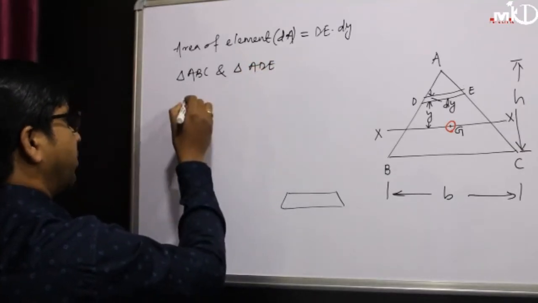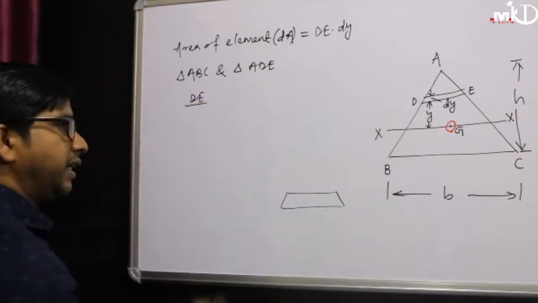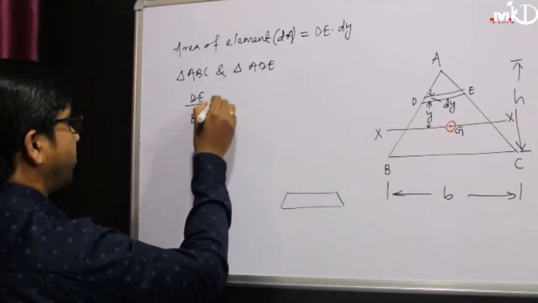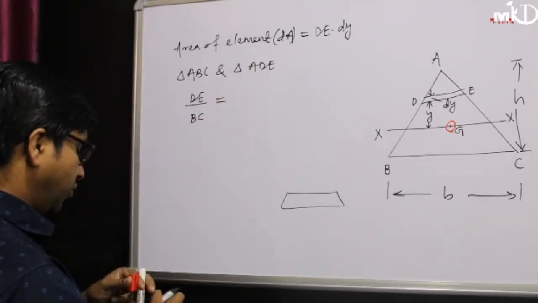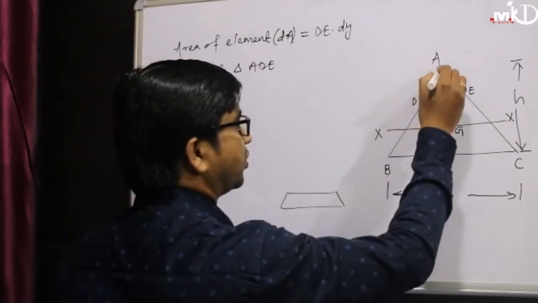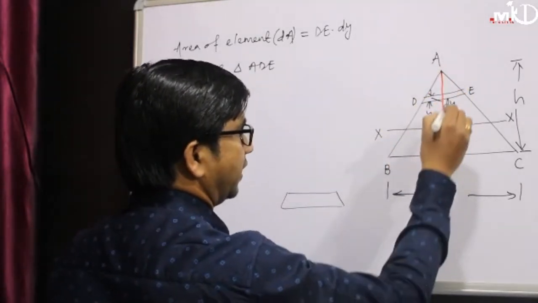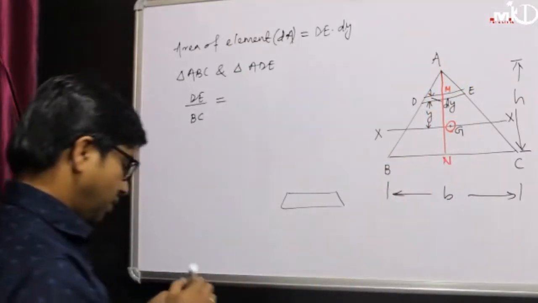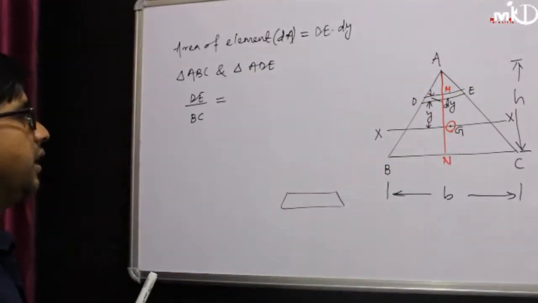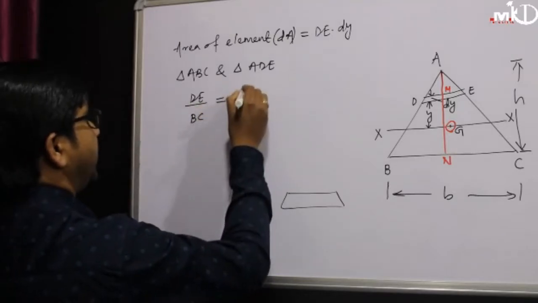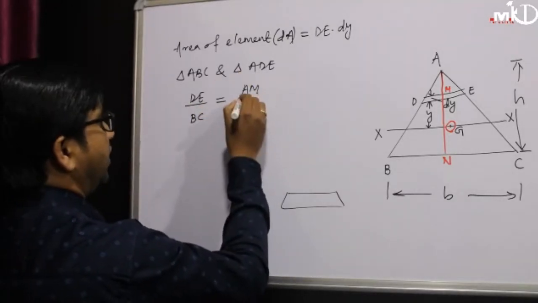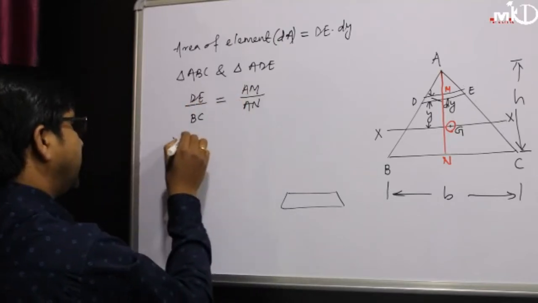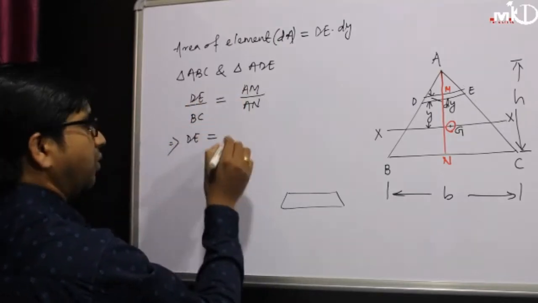By the similarity criteria we write DE, the base of triangle ADE, divided by BC, which is the base of triangle ABC, equal to the heights. Let's drop a perpendicular, say this point is M and this point is N. So the height of triangle ADE is AM, so DE by BC equals AM divided by AN.